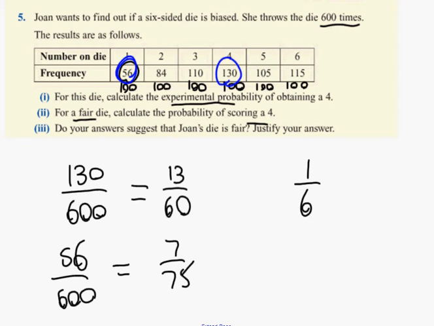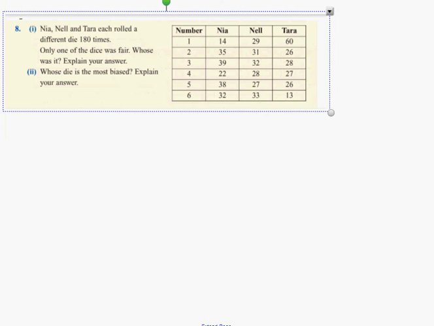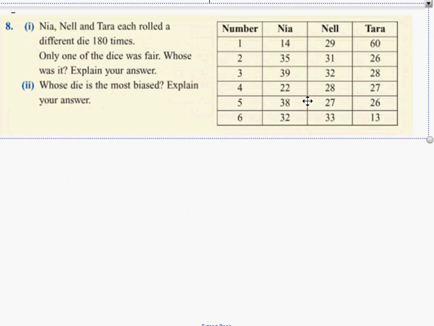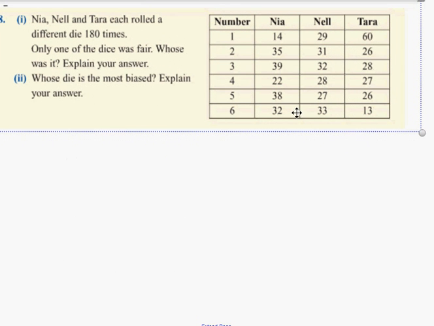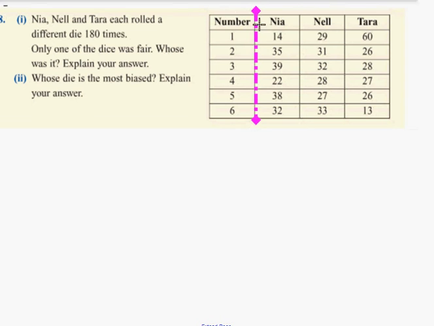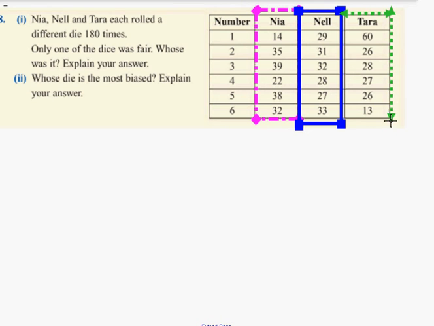Now, if you go to number 8, it goes Nina, Neil and Tara each roll a die 180 times. Each set has its own set of values. So that's all of Nina's results added together, this is all of Neil's results added together, and the last one is all of Tara's results added together.